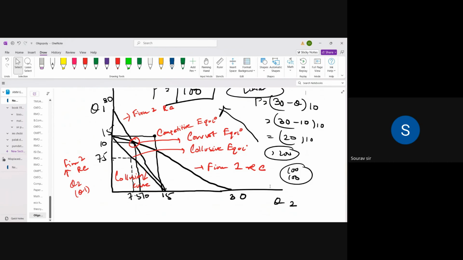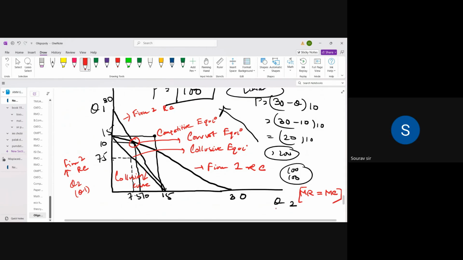So then what they will do, they will set the output at such a level that they can gain as much as possible. They will maximize the total profit. And presumably, they would split that profit evenly. So total profit will be maximized by choosing output Q so that marginal revenue equals marginal cost. Because you know the equilibrium condition is what? MR equal to MC.